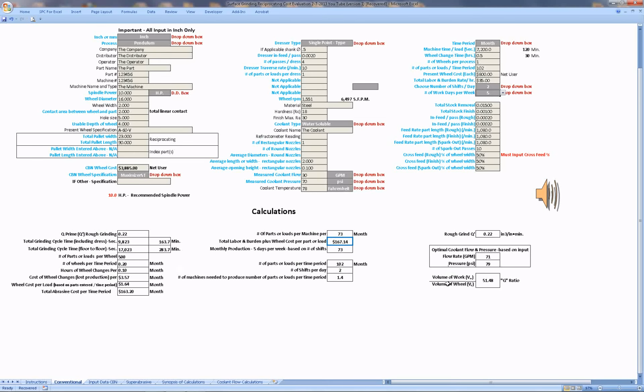And this is actually the volume of work versus the volume of a wheel, which is 51.48 cubic inches or G ratio. The total grinding cycle in this process is 163.7 minutes. The total grinding cycle floor to floor is 28.37. I'm going to go through this quick because we're going to see the comparison as we go down.